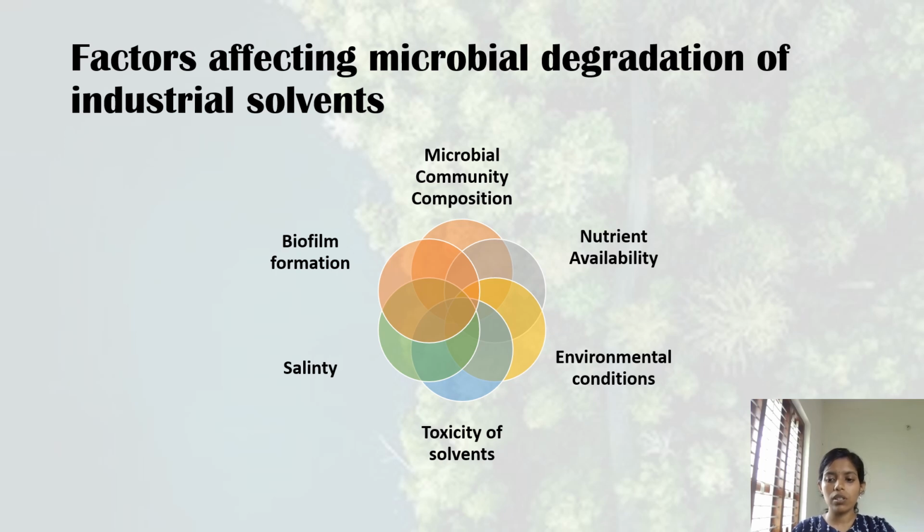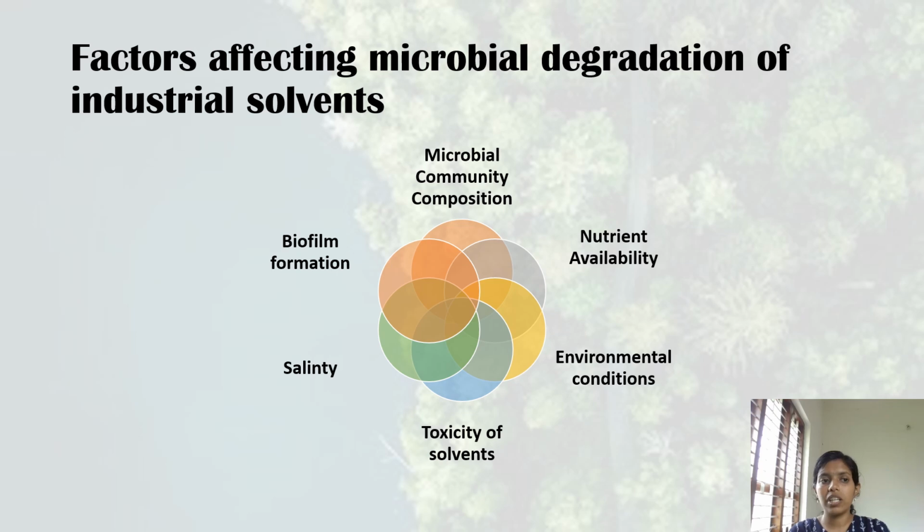The degradation of industrial solvents by microorganisms will depend upon the composition of the community in that surrounding. If the community has microorganisms that could specifically degrade the industrial solvent, it would enhance the degradation, and the solvent would be degraded completely and quickly.